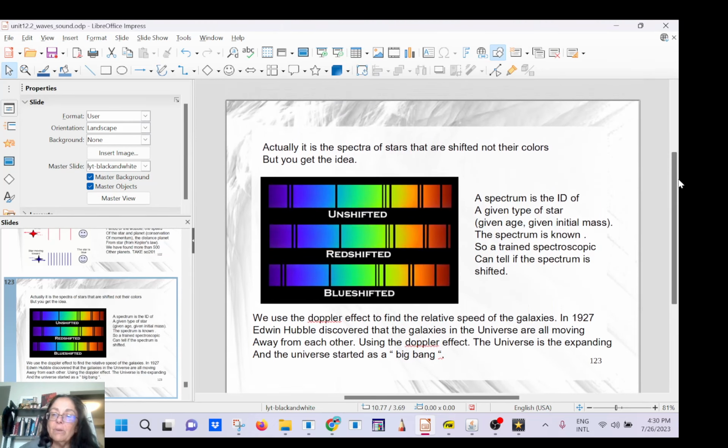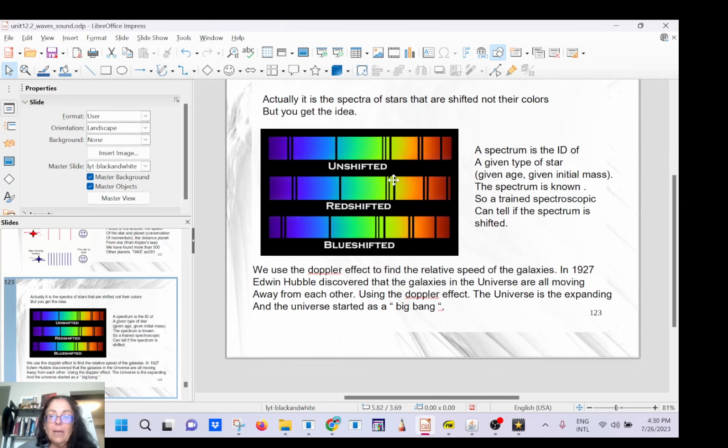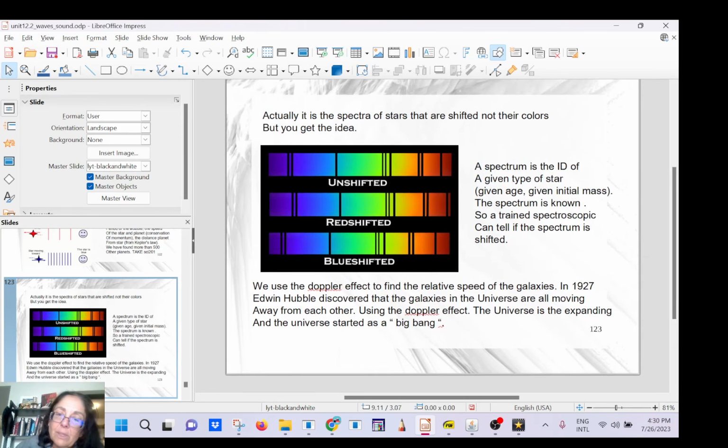It's called a spectrum. And so if the source of light is moving toward you, then you're going to see those lines being shifted to the blue. If the source of light, and that could be a galaxy, a star, or even maybe a planet if it's reflecting light, is moving away, then those black lines will be red shifted. Okay? So these are called spectral lines.